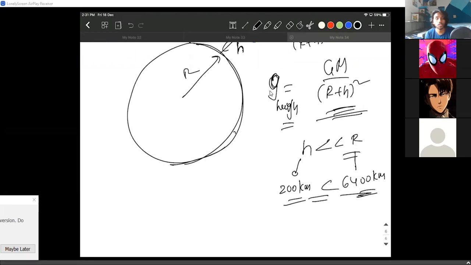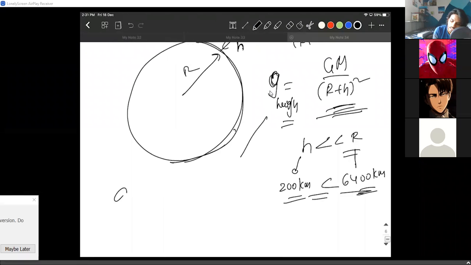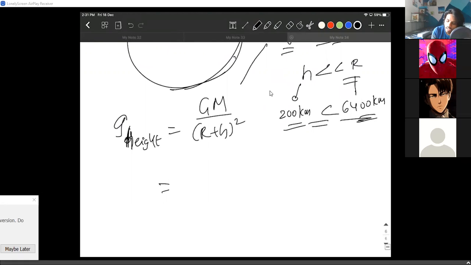So in these kinds of situations, if I have to make an approximation, what should I do? They approximated this g at a height. What am I writing? g at a height equals GM by r plus h whole square. What I do is I take r common out. GM by r square into 1 plus h by r, whole square.